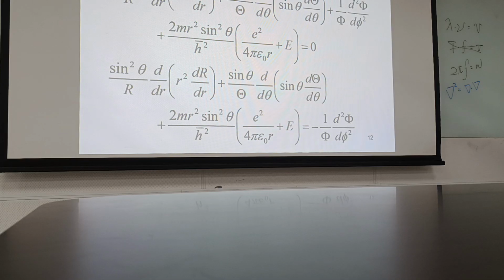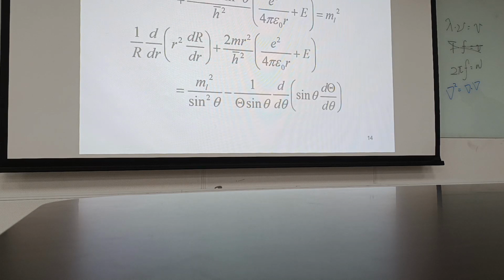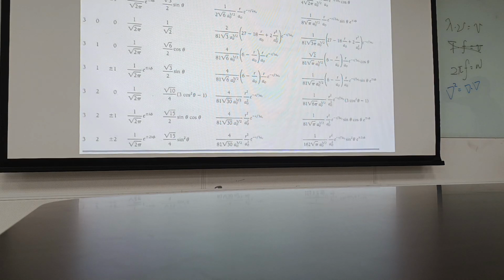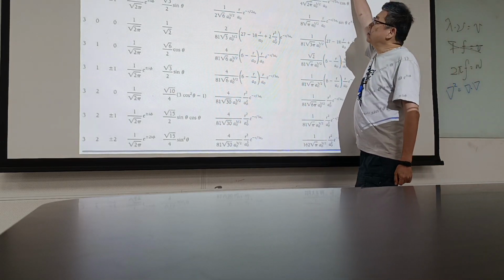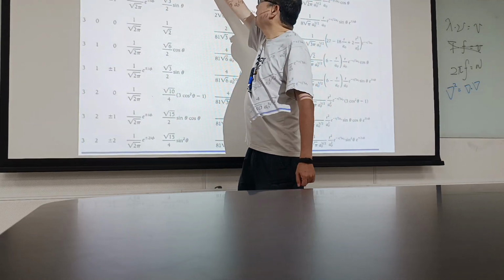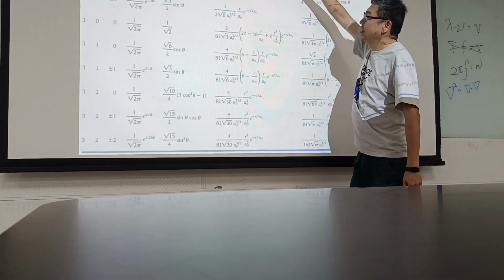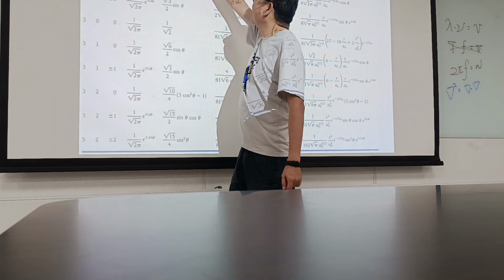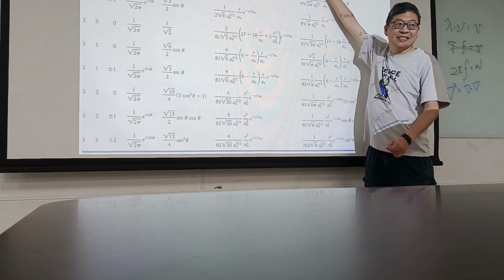We define psi equal to R theta phi, where phi is a phi function, theta is a theta function, R is an R function. We know the result already, right? This is the result. So psi equals R multiplied by theta multiplied by phi.